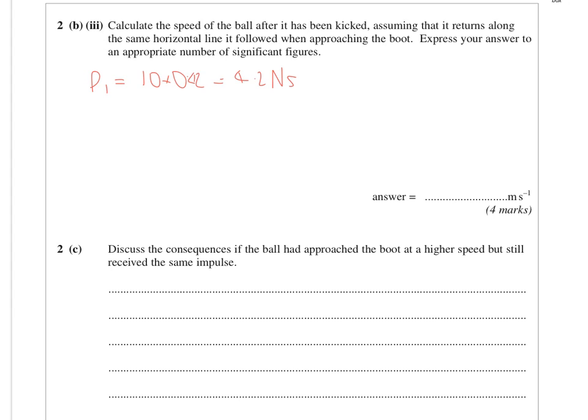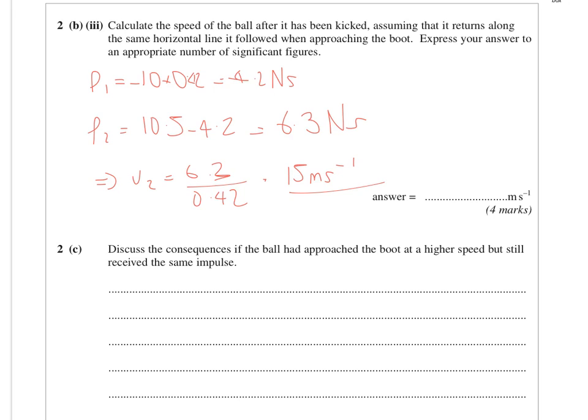And then the impulse of 10.5 acts against the motion, so the momentum after is going to be 10.5 minus 4.2, which gives you 6.3 newton seconds, which means the velocity is 6.3 divided by the mass, which is 0.42. 6.3 divided by 0.42 gives you 15 meters per second to two significant figures, because all the data in the question is to two significant figures. And you might get a range of different answers for that one depending on your area, but you should get something around that.